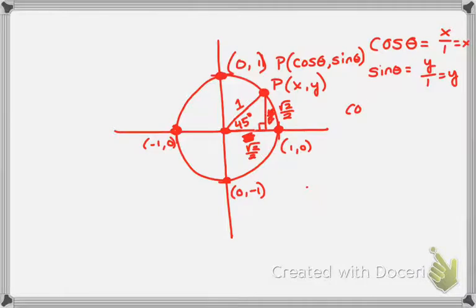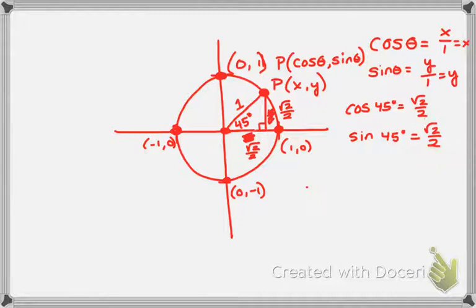So the cosine of 45 degrees would be my x, root 2 over 2, and my sine of 45 would be my y, which is root 2 over 2. Now this only works when your r is 1, right? Because technically it's over 1, so it wouldn't go away. If my radius was larger, it wasn't at 1, then it would be root 2 over 2 over, let's say, the radius of 3. And then you would go from there.